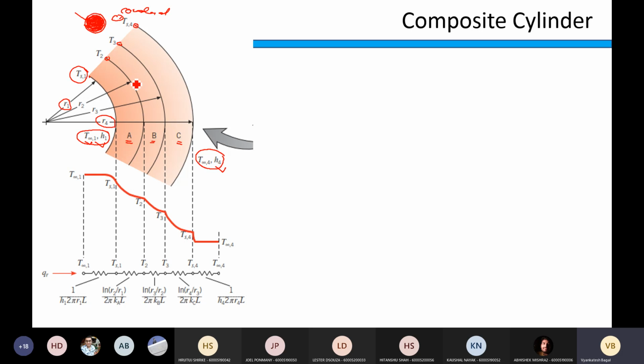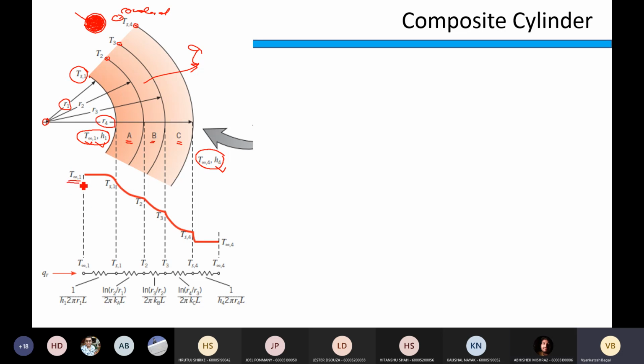Clear? Now, looking at the temperature distribution, it should be clear to you that the heat transfer is taking place in the outward direction. We are taking the convention that outward radius is taken as positive away from the center. So heat transfer is taking place from inside to outside. Remember this. Fine.